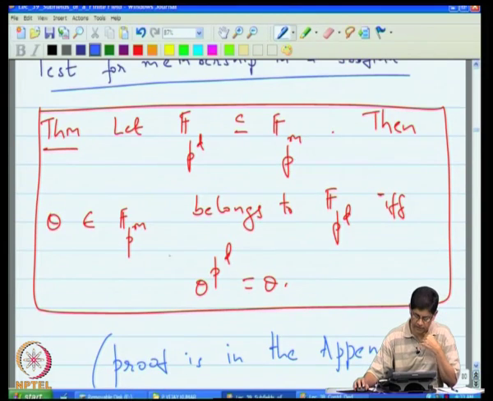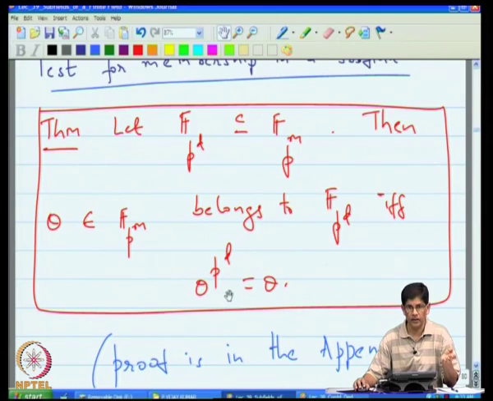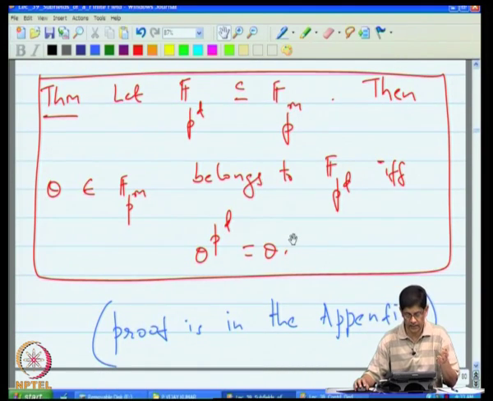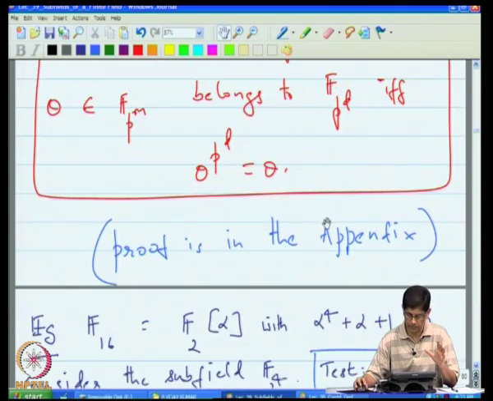So the test simply says that if you want to know whether or not a particular element theta belongs to the subfield of size p to the d, then you just raise theta to the p to the d-th power, and then you will get theta. Now, we know that if theta belongs to this field, then it must satisfy an equation like this, but this is saying that not only is this necessary, it is also sufficient.